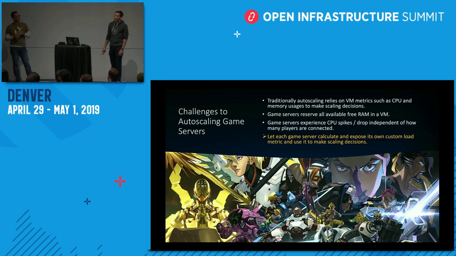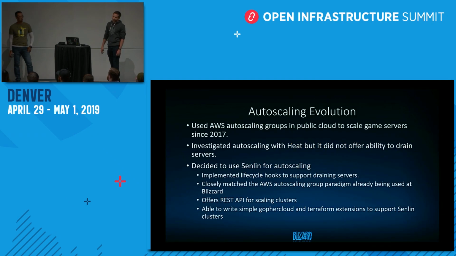Those aren't really reliable metrics to use for game servers, or for getting people off of game servers. So we let the game servers calculate their definition of load independently, which allowed us to expose load to the autoscaling service, and the autoscaling service was able to make scaling decisions based off of that.